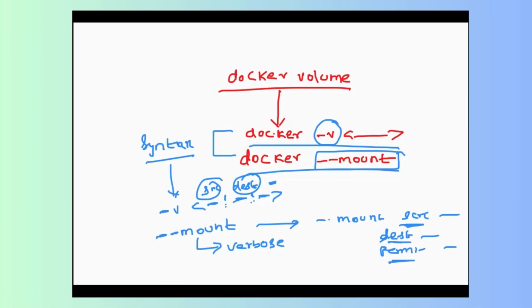Whenever you are passing a command, you provide all the details so that if somebody else is trying to understand this command, they can simply understand, oh okay, you are trying to mount a specific directory or a specific volume, and these are the parameters you are passing to the mount. So if you are using these things in your organization, go for --mount rather than the -v option, because it is very verbose and allows users to understand it simply. So this is the concept of Docker volumes.